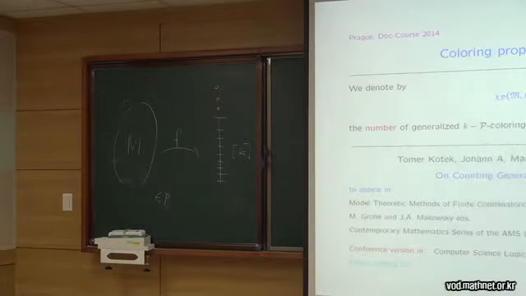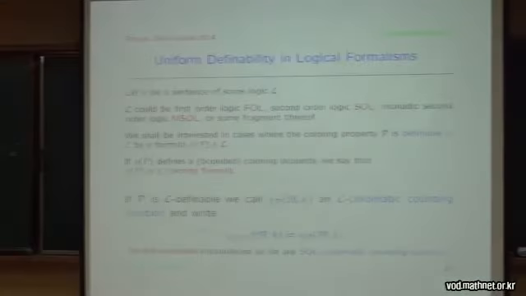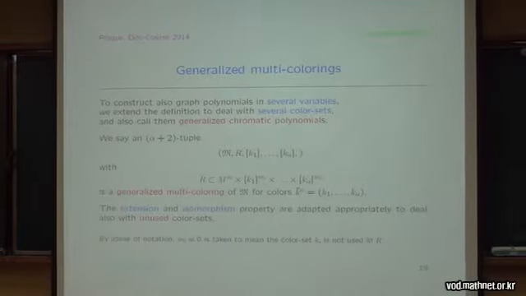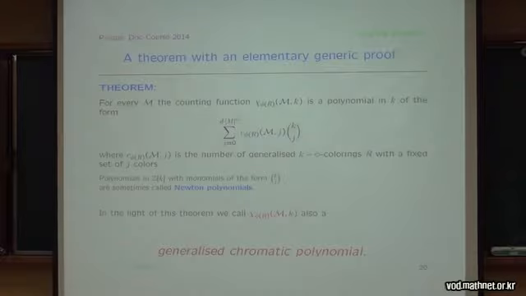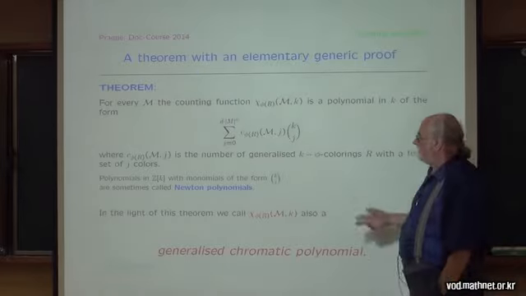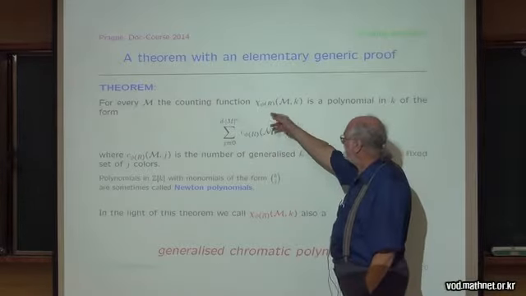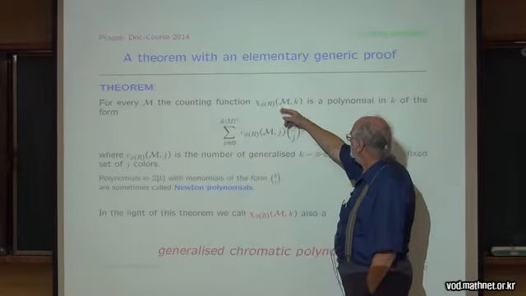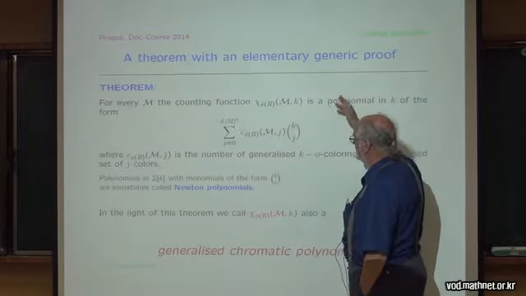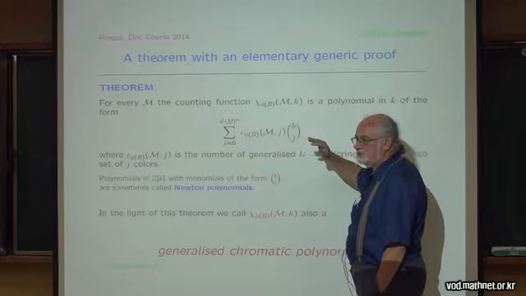So this is the explanation why. Here comes, sorry, I found this here. There was some remark in between. Now the theorem says that for every structure M, counting the number of functions is a polynomial. And actually this is how the polynomial looks like.